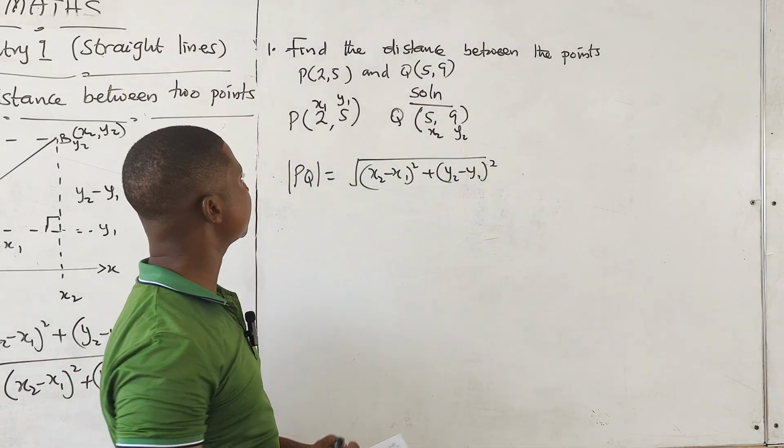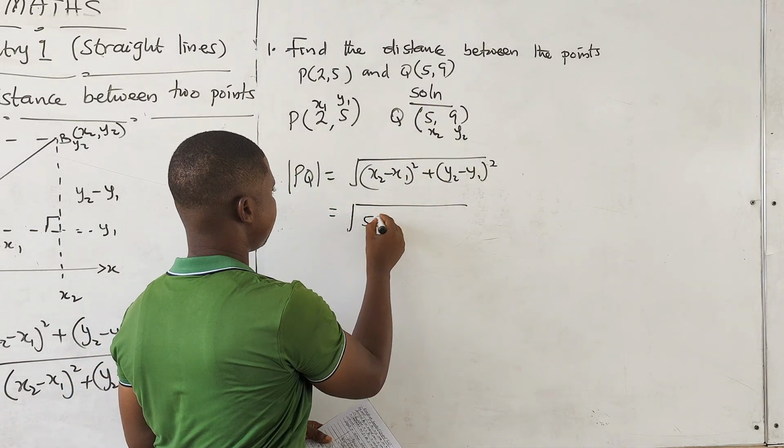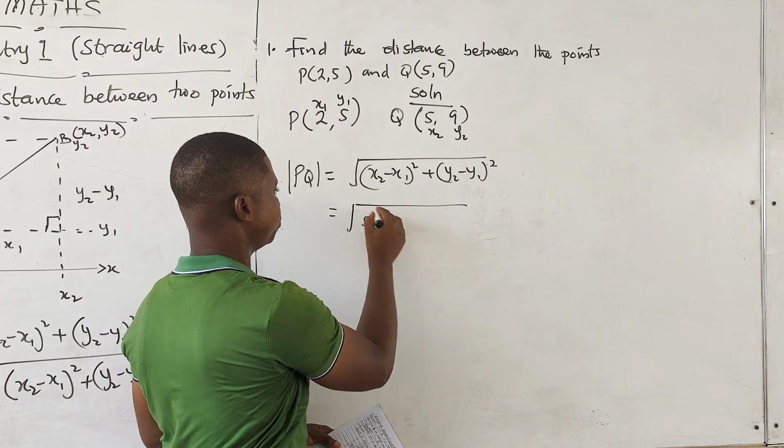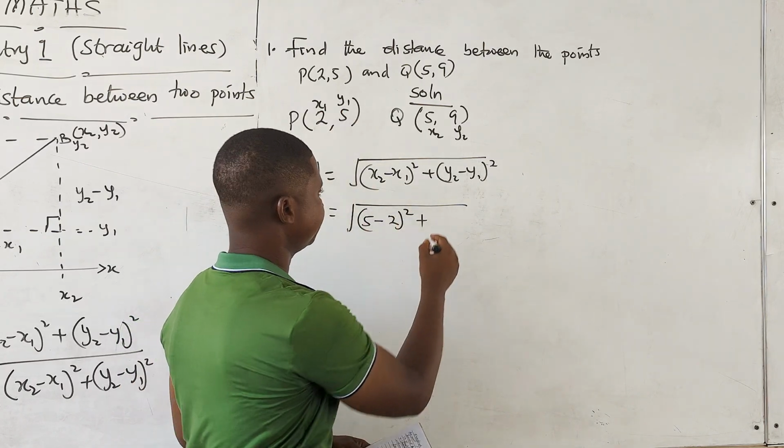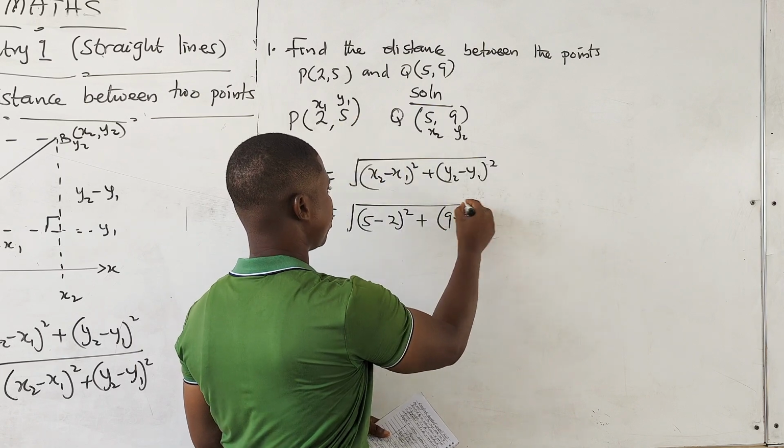Now we can substitute our values: x2 is 5 minus x1 is 2, all squared, plus y2 is 9 minus y1 is 5, squared.